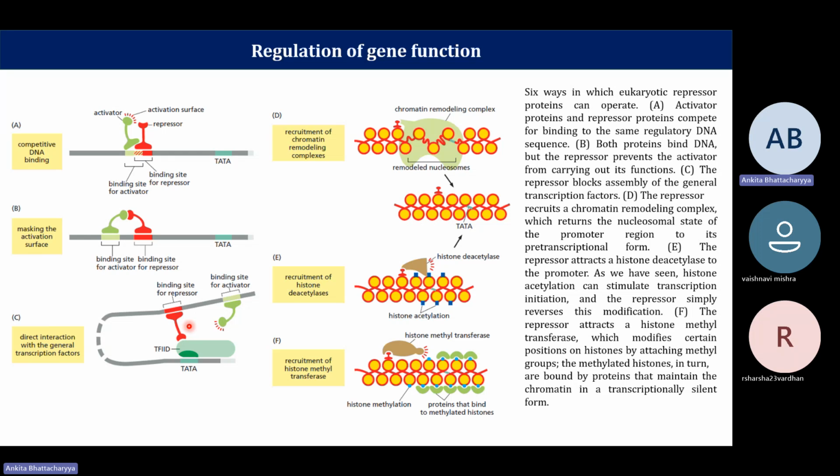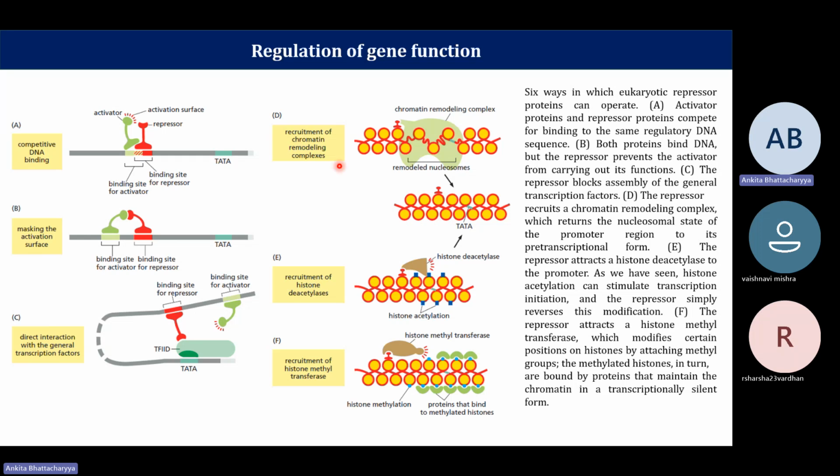So there is another level of control which is executed in this manner. And secondly, it is also not allowing the assembly of other general transcription factors, which can allow the complete assembly of all the transcription factor proteins, and therefore gene function will be affected.